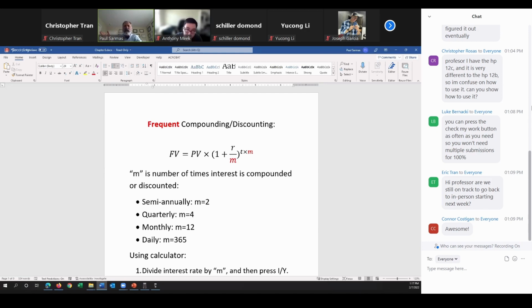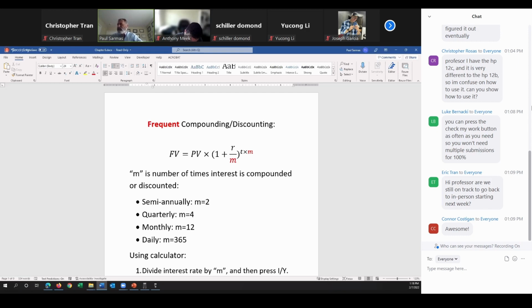And I don't trust that you will remember to do that. So this is my strategy. If you don't like it, come to office hours and I will show you how to change the setup on your calculator.